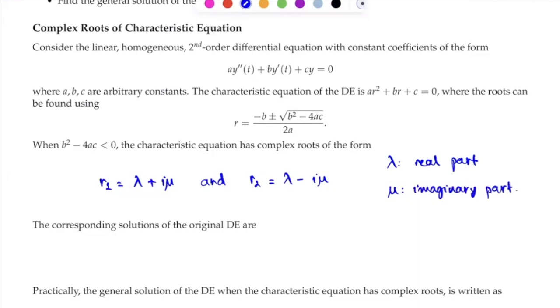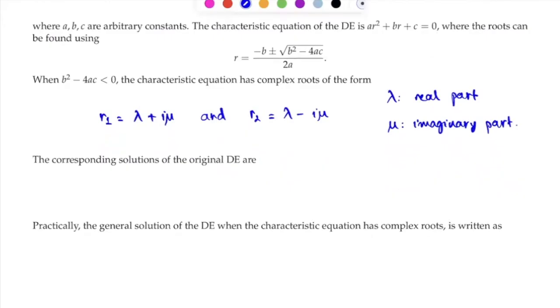Later we're going to have some physical interpretations of lambda and mu, but that's for later. And very similar to the case of two distinct roots, for the case of complex roots like this, you can base on r1 and r2 to write out the solutions of the differential equations.